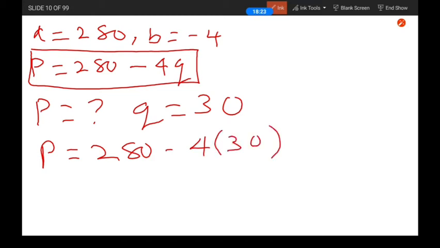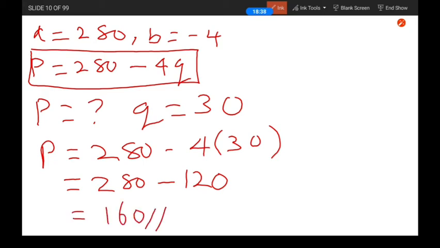So that becomes what now? 280 minus times plus is minus 120. So 280 minus 120 will give us what? 160. And that is the value of P.